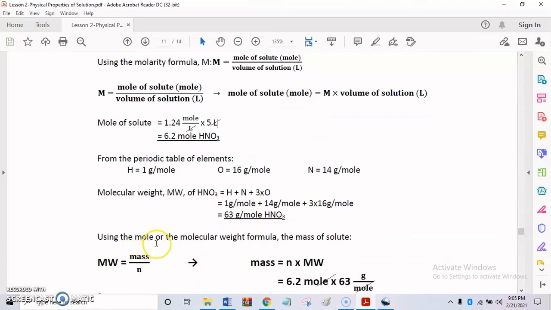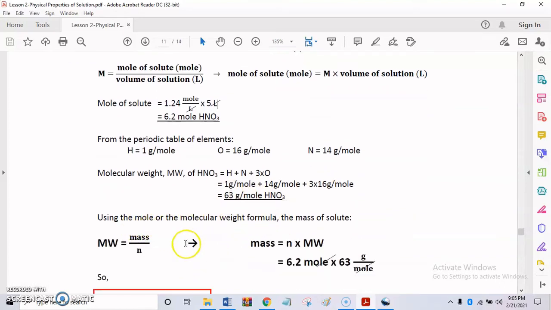Using the molecular weight formula, which is mass over mole, to get the mass you can interchange that and it becomes mole times molecular weight.